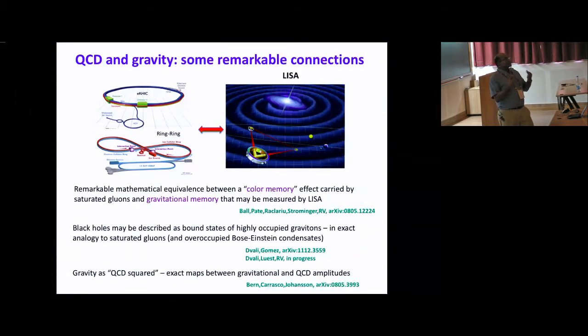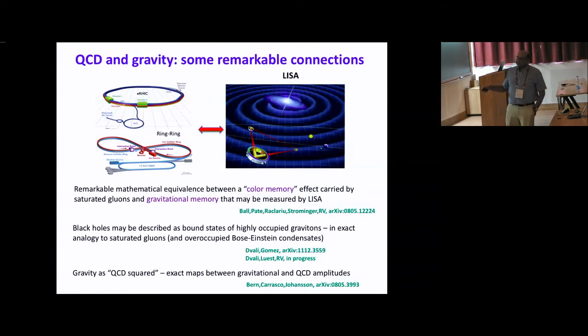That is, this high density regime of gluons in QCD can be thought of as effectively like an asymptotically free kind of regime of gluon fields, which have memory effects exactly analogous to gravitational memory. And if you're interested, I recommend you read this paper. Also, there are some remarkable possible connections between saturated gluons and ideas which describe black holes in quantum gravity as bound states of highly occupied gravitons. So there are some interesting analogies there that one can explore.